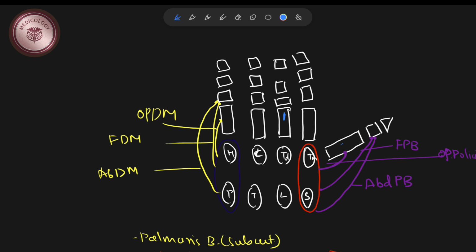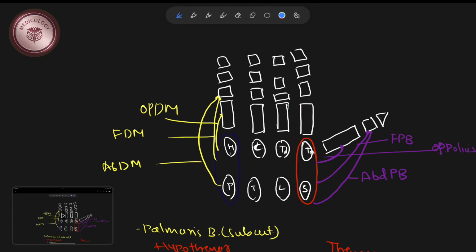So it arises from the third metacarpal, and the second head is the transverse head. Now we have one muscle left in the thenar group, that is adductor pollicis.